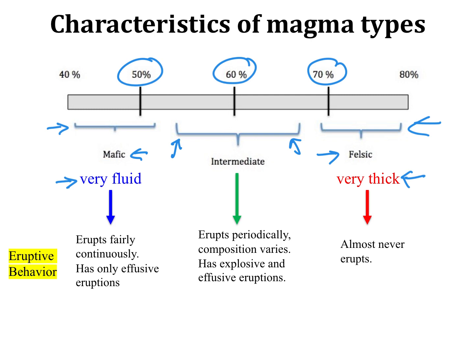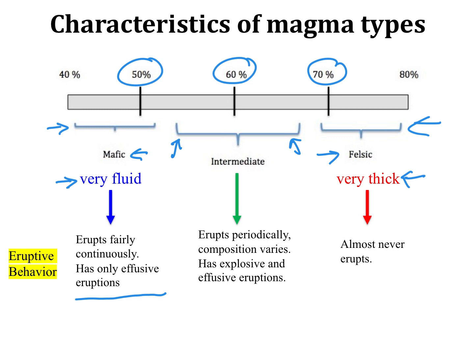This means that for mafic magma, we're going to have pretty effusive or quiet eruptions. We don't have a lot of gases to trap. We don't have a thick magma, so it's not going to trap any gases that are in there. And it's very hot, so it's very fluid. It just flows out of the vent very easily.